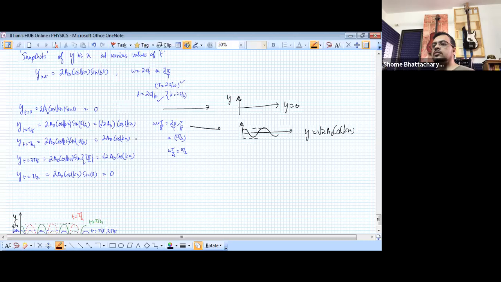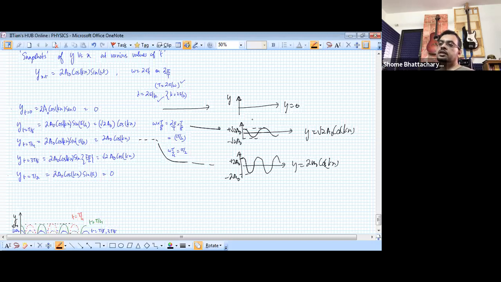Then this one, in comparison, 2a naught cos kx, is varying between plus and minus 2a naught. So that's how the graph keeps changing between these.